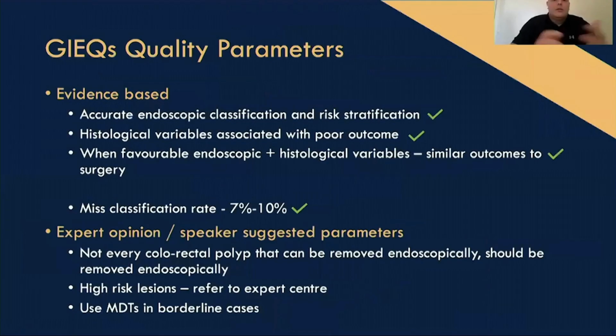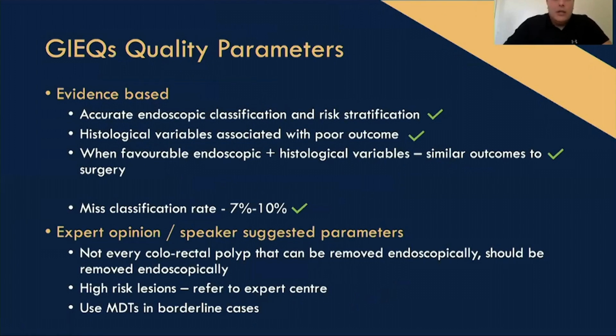So if we try to summarize what we're talking about, we have pretty good evidence that accurate endoscopic classification and risk stratification can be performed today in expert centers, and this should be done prior to every advanced resection, especially when a malignant polyp is suspected.